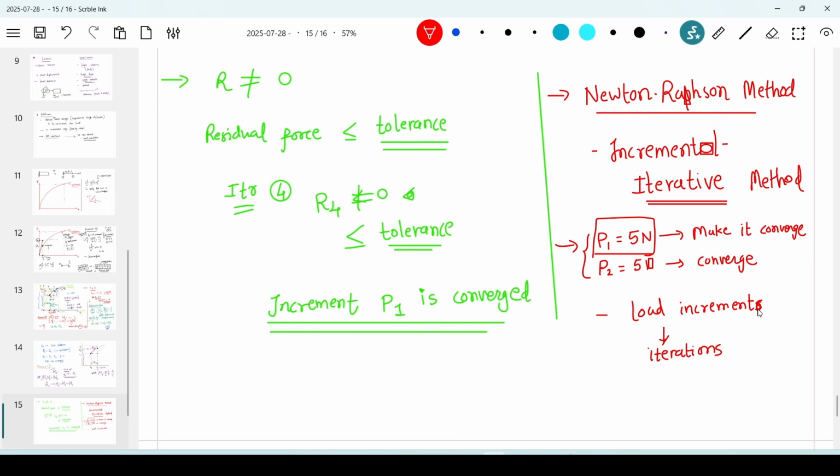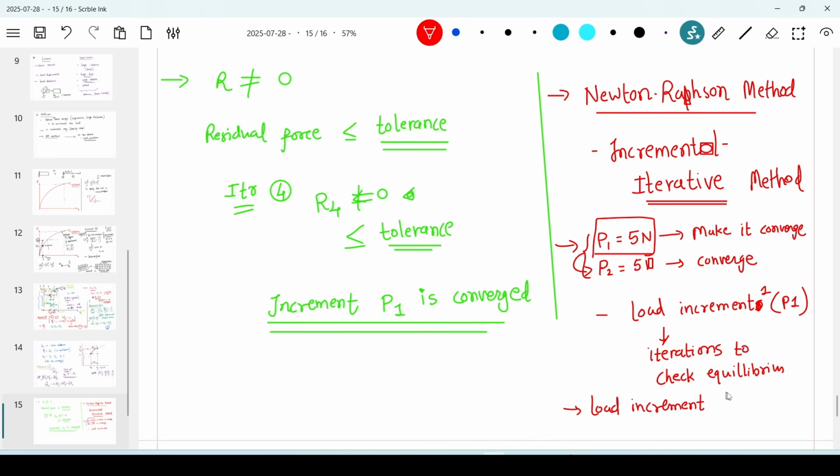Within each load increment there will be iterations to check equilibrium. Once load increment P1 is converged with, let's say, 4 iterations, then we move on to the next load increment.